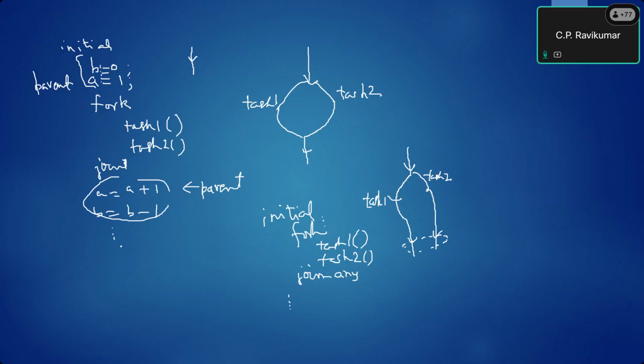Okay, the last one is join none. So there, the initial parent thread will fork task 1 and task 2, and it will also continue. The parent is also here, and this is task 1 and this is task 2.